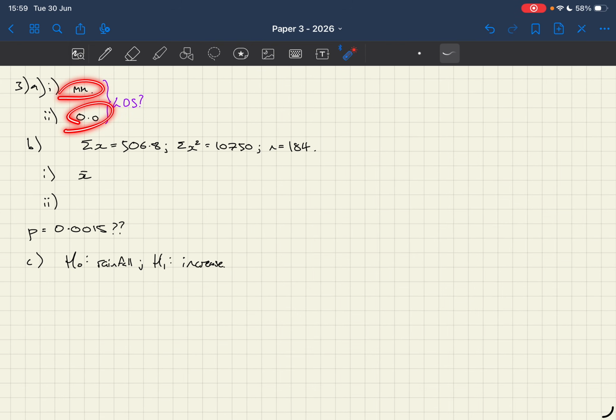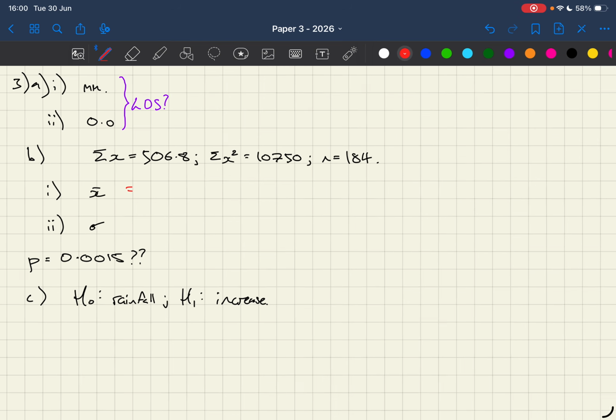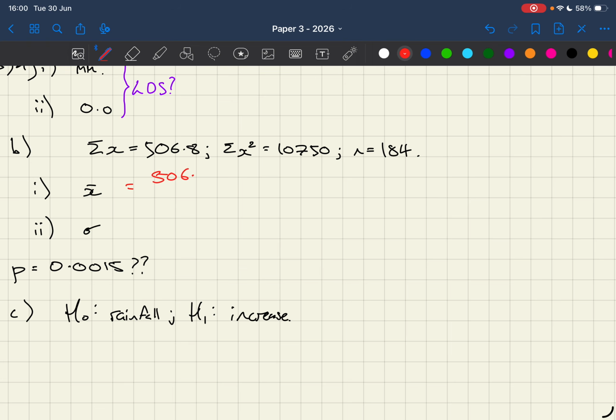You had millimeters and then 0 for the answers. It doesn't say anything on here about what they're for or where they come from. Next bit, we had some values, and we wanted to work out the mean and the standard deviation of these. For the mean, we take the sum, 506.8, divide it by 184, and that gives us a value of 2.75-ish.